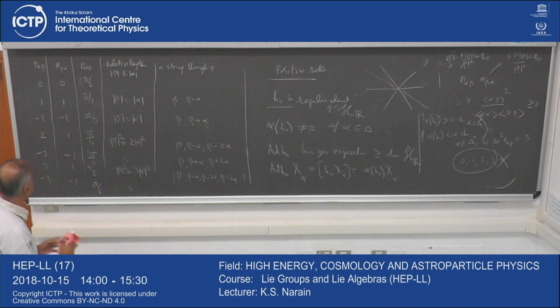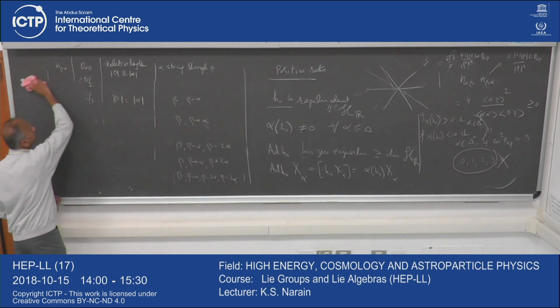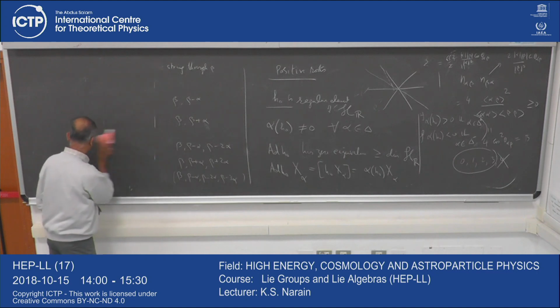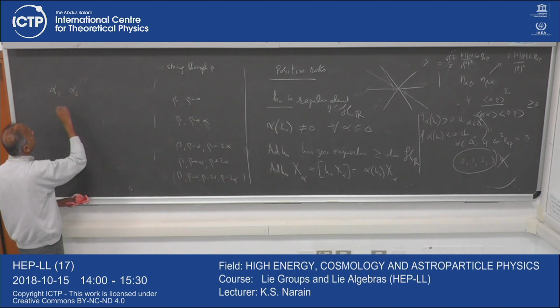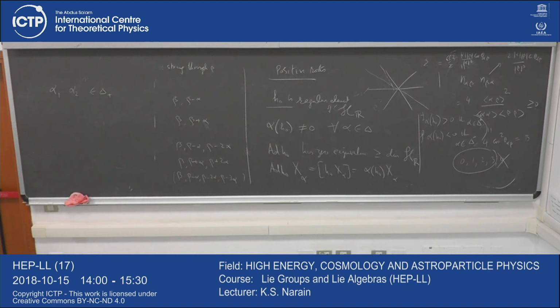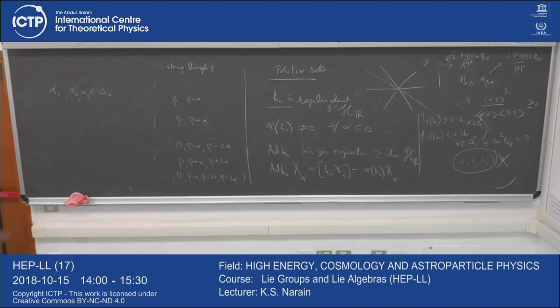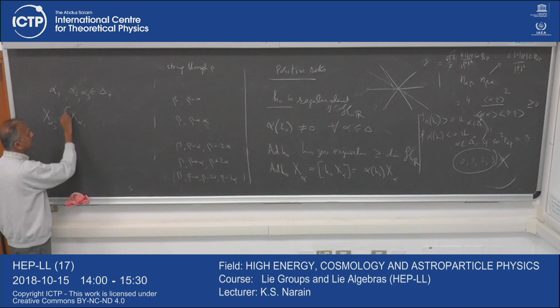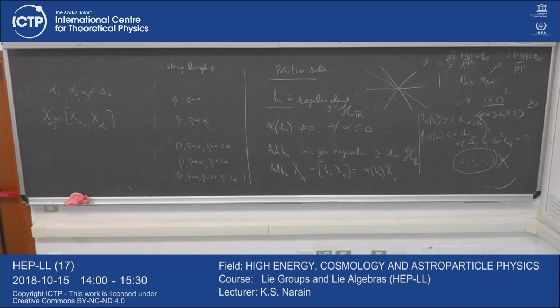But okay, now suppose alpha 1, alpha 2, and alpha 3 are in delta plus, and suppose X alpha 3 could be written as a commutator of X alpha 1 and X alpha 2, proportional to some non-zero number, which is not important.